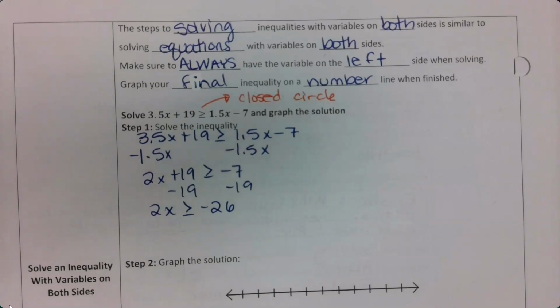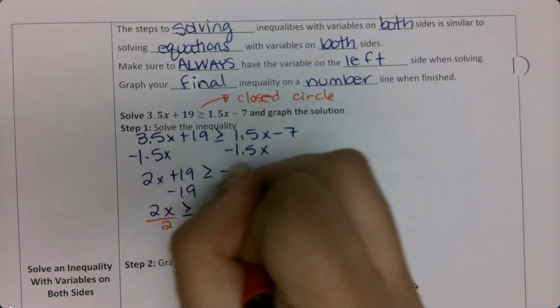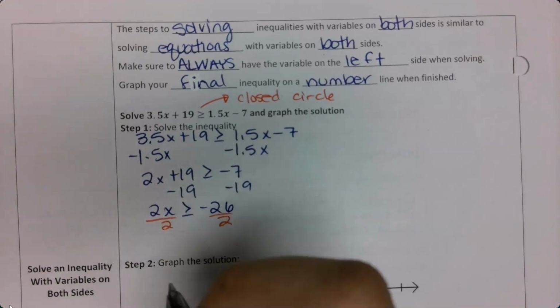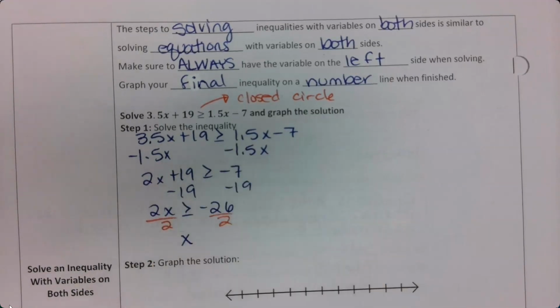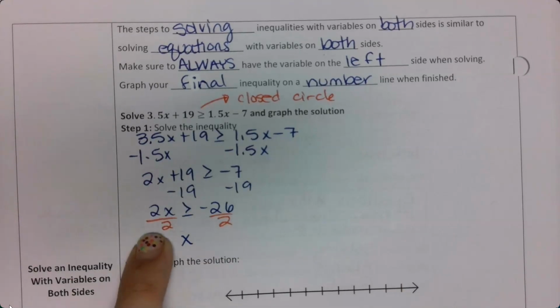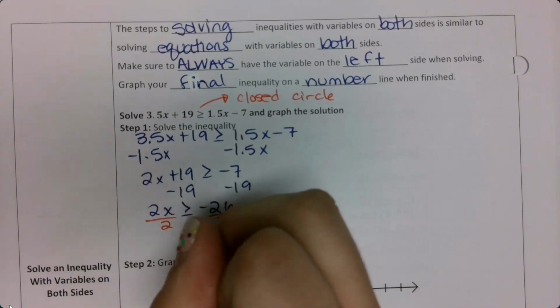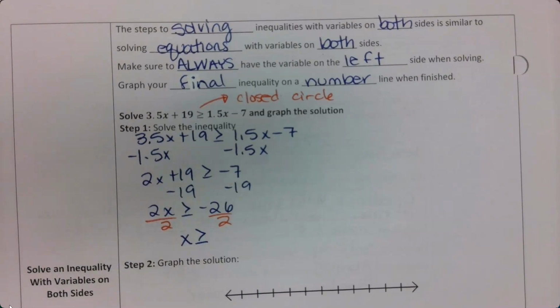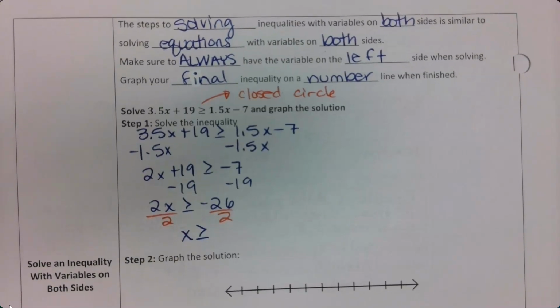Okay, then what do I need to do? So, do I flip the sign here? Did I divide by a negative number? No. So the sign is going to stay the same. And then negative 26 divided by 2?